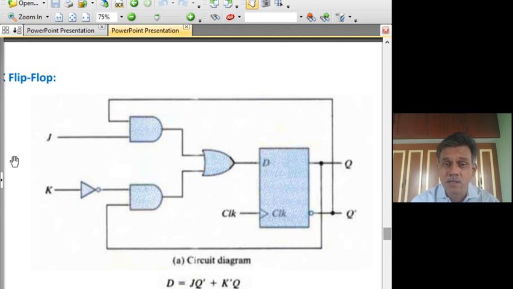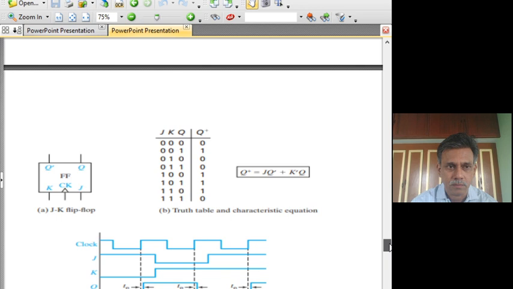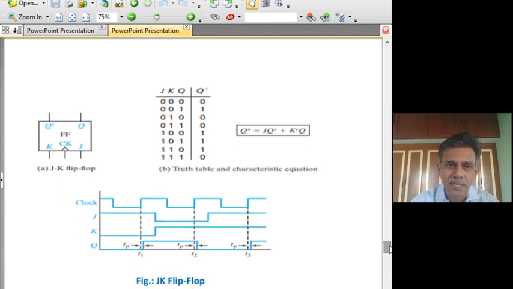You can also construct a master slave JK flip flop using two JK latches without using a D flip-flop. Okay, we will see that.